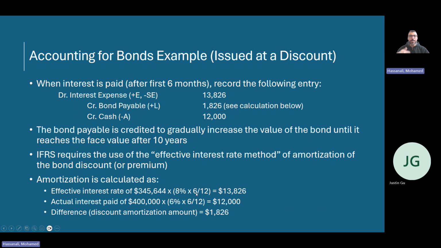If you were paying monthly, this number would be 1/12. Depending on the frequency you get in the question, you just adjust this last number to prorate the interest. So the carrying value of the bond times market rate times the prorated amount, in this case 6/12, gives you 13,826.